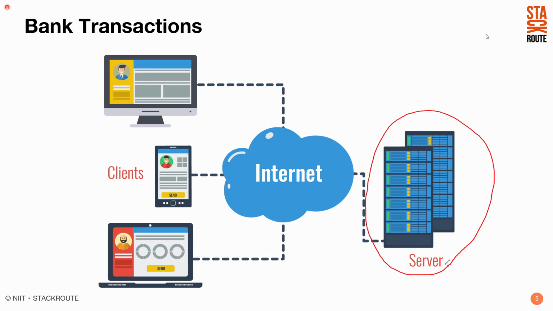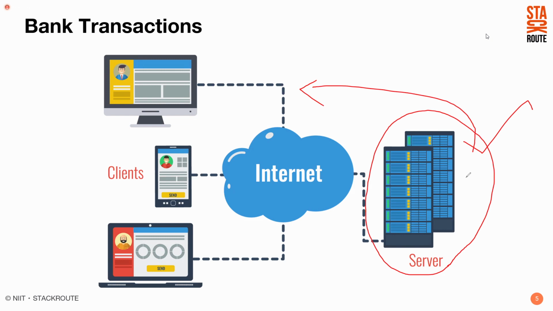So what is this bank server? The bank server contains the database which holds all the information about all the customers of the bank. Can you relate? All the systems are backed by a database, and all the information is stored and provided via the DB server.